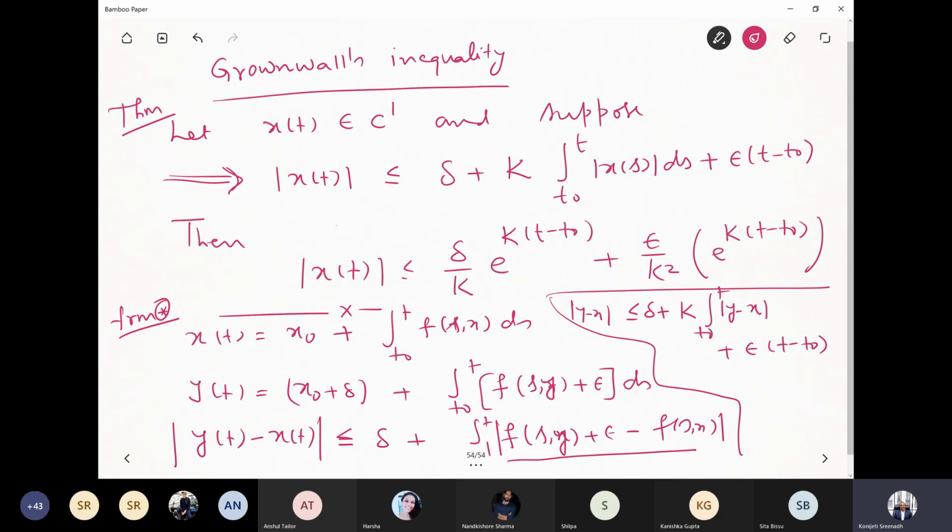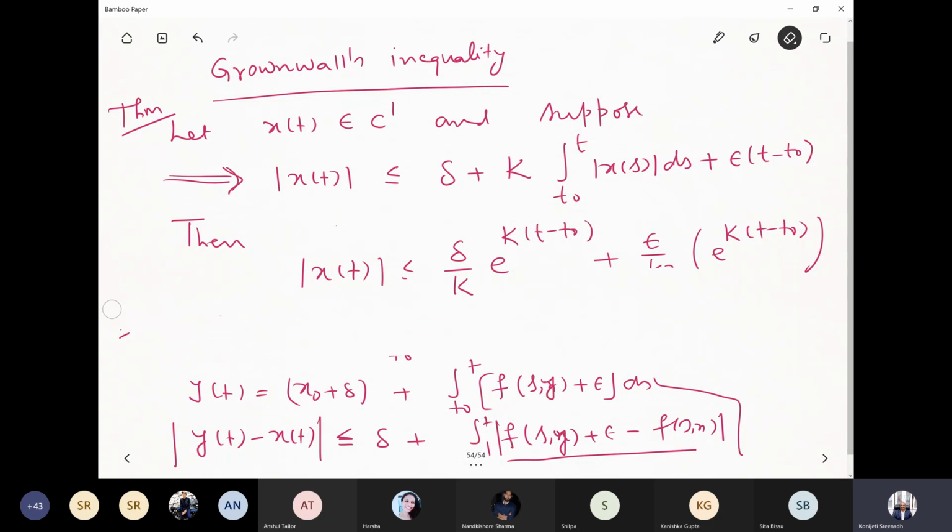Therefore, you see that as delta and epsilon go to 0, |x(t) minus y(t)| goes to 0. I can take |t minus t naught| in a small interval around t naught. Then as epsilon and delta go to 0, it goes to 0 uniformly, because the exponential is a bounded function in a bounded interval around t naught. So that is how this is used.